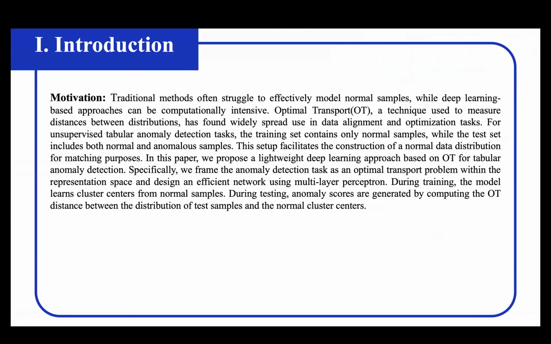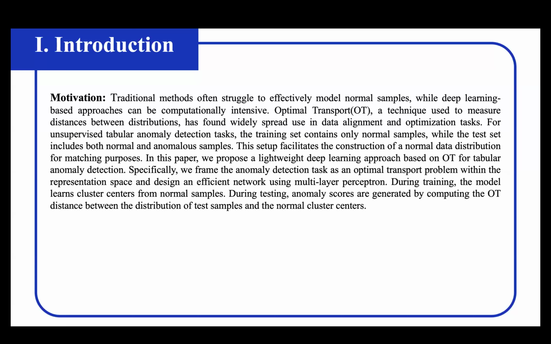This study is situated in the field of tabular anomaly detection. Traditional methods often struggle to effectively model normal samples, while deep learning-based approaches can be computationally intensive. Optimum transport, a technique used to measure distance between distributions, has found widespread use in data augmentation and optimization.